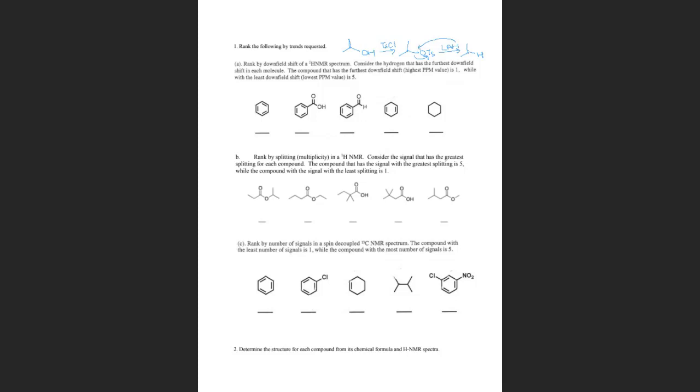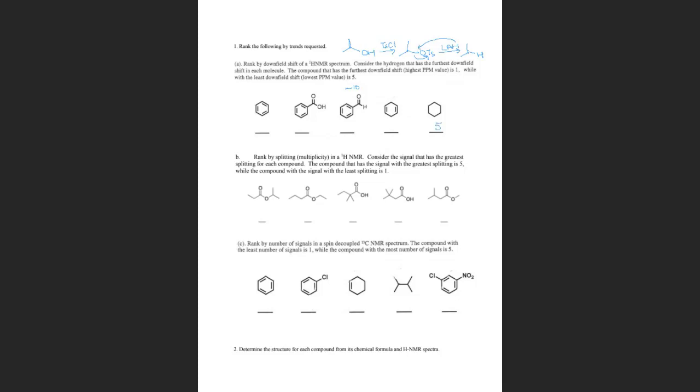Okay, aldehyde is definitely deshielded, so we'll say maybe it's around 10. What would be the least deshielded molecule? Deshielded is to the left. Cyclohexane. So I'm going to put this one as 5.